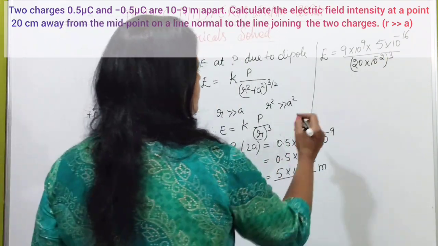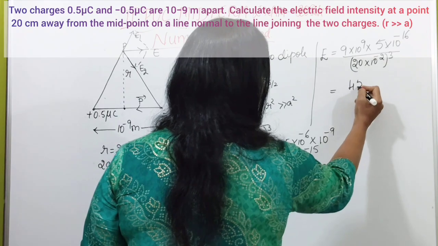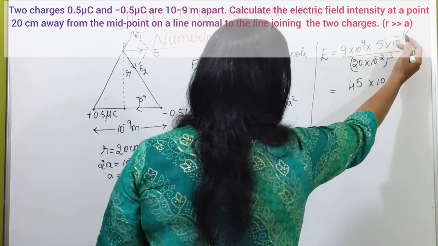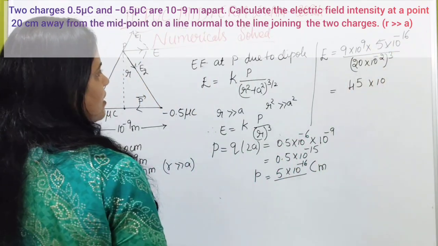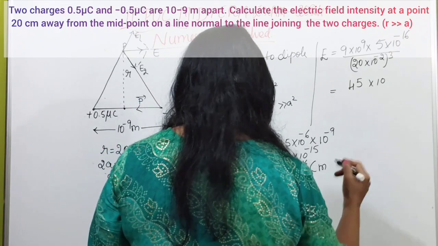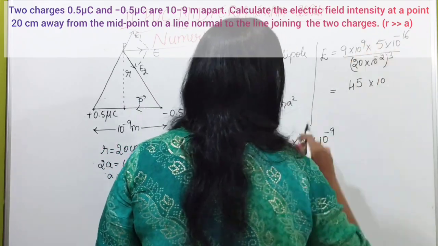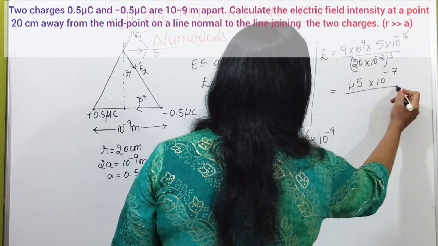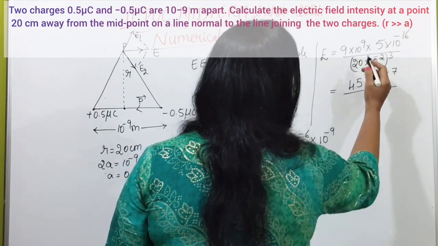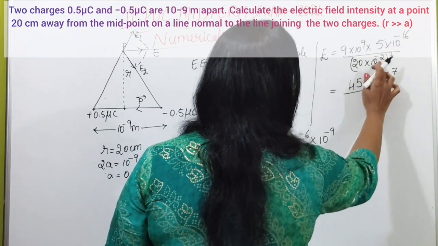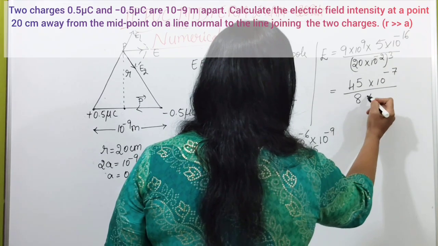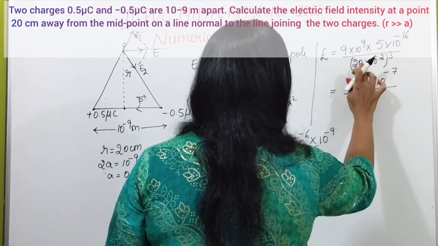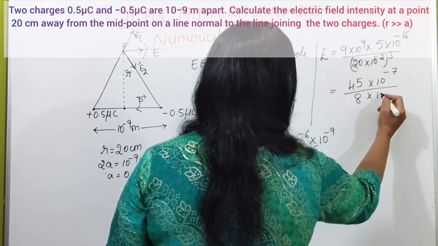Okay. So 9 fives are 45, into 10 to the power minus 7, since minus 16 plus 9 is minus 7. And 2 cubed is 8, and here 10 to the power minus 1, cubed, is minus 3.